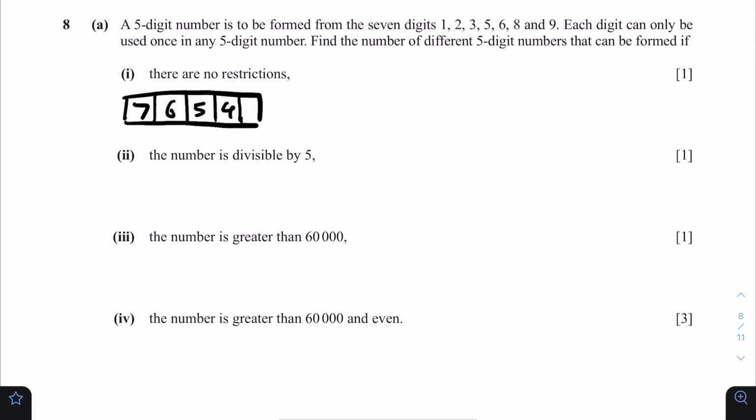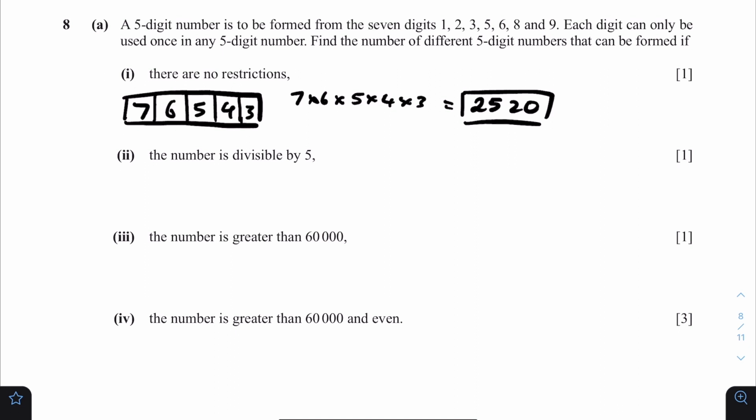Fourth one, 4. And then 3. So the answer is going to be 7 times 6 times 5 times 4 times 3. This is the same thing as 7P5, which is equal to 2520 permutations.